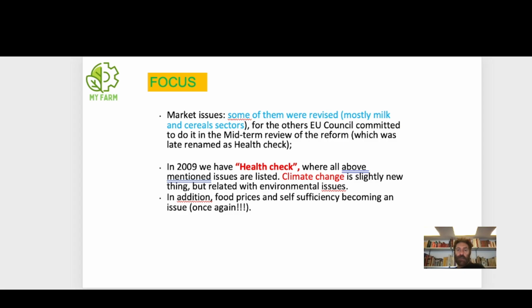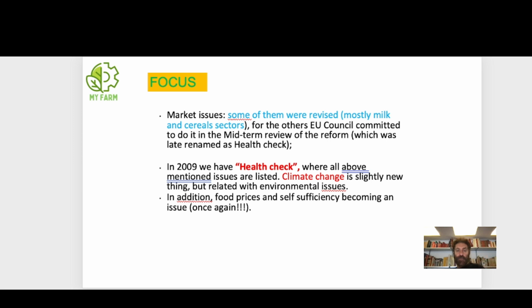The key measures introduced by the Health Check were the abolition of compulsory set-aside, so the requirement for farmers to leave 10% of their land fallow was eliminated, allowing them to respond more flexibly to market demand. The reform moved to standardize and fully decouple most remaining production-linked payments from actual output.